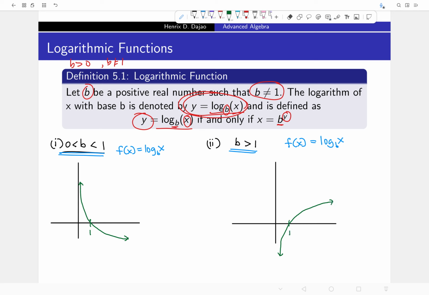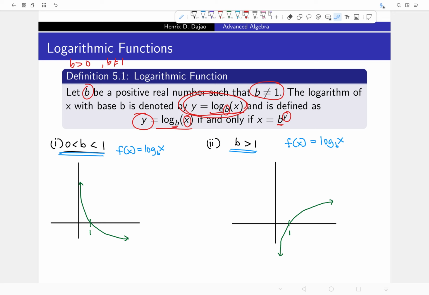The x-intercept is 1, and again, this is our vertical asymptote. So our graph approaches this vertical line as x approaches 0.